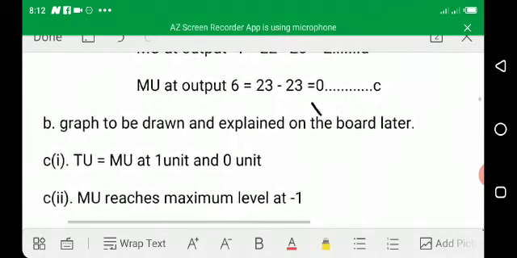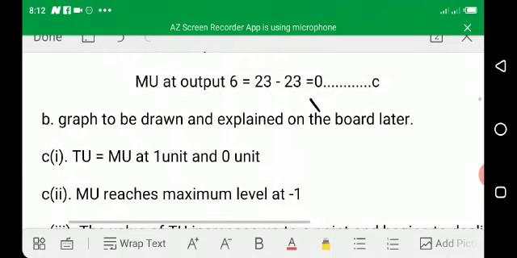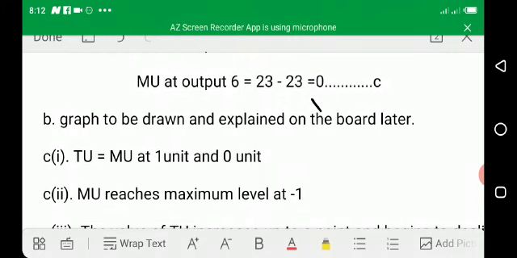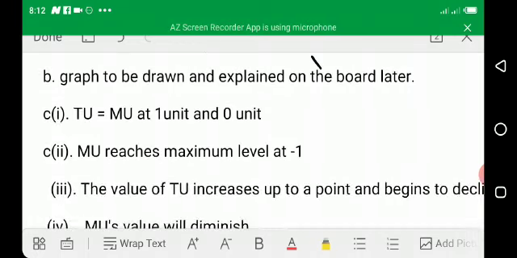Then the next thing is to draw the graph as the question required. I said this one will be demonstrated later on the board.